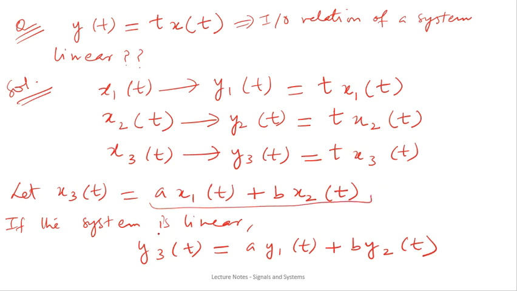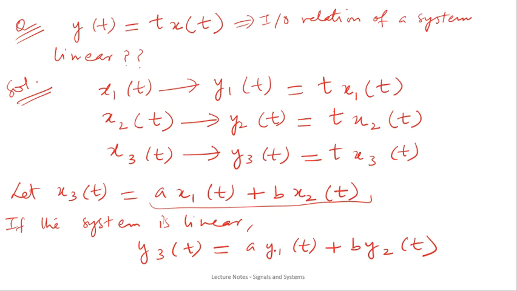That is why the output for this third input should be a y1(t) plus b y2(t), because y1 is the corresponding output of x1 and y2 is the corresponding output of x2. So this is nothing but the superposition property, and it contains both the additivity and the homogeneity, or scaling, you can also say.